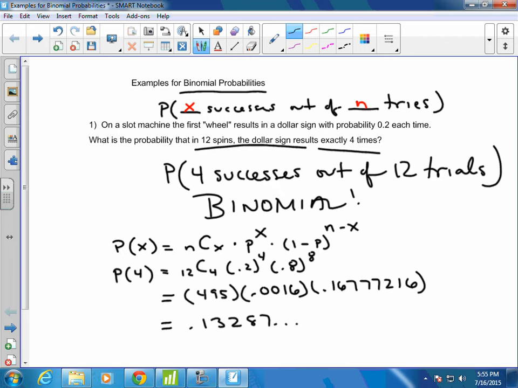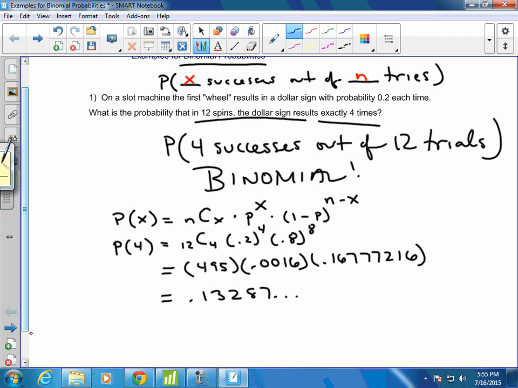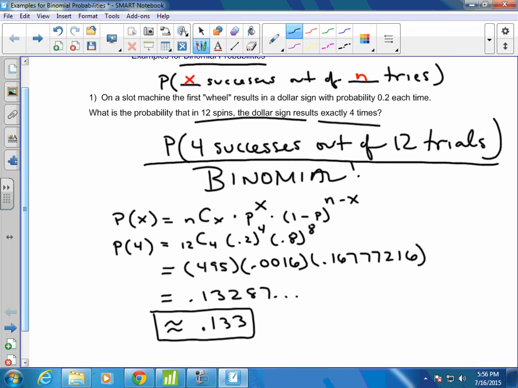Let's suppose the direction said round to 3 decimal places. So 0.133 would be my probability of getting exactly 4 times the $ sign out of 12 spins. The nice part about the binomial probability formula is that it always starts off with the probability of blank successes out of blank tries, and the only things that change are the values of n, p, and x.